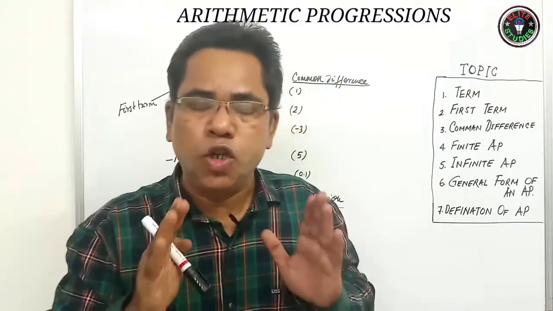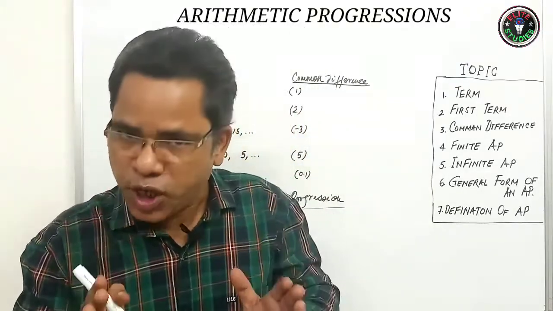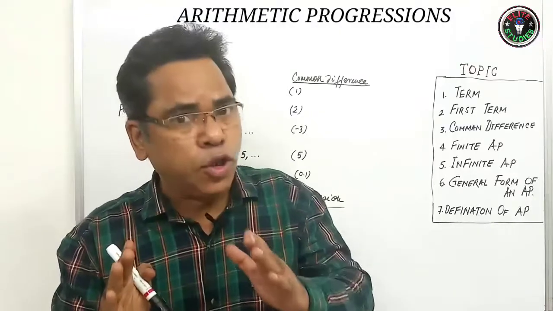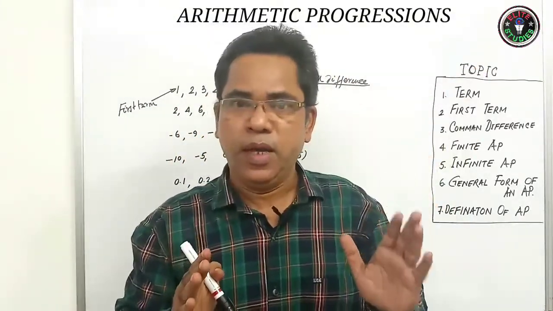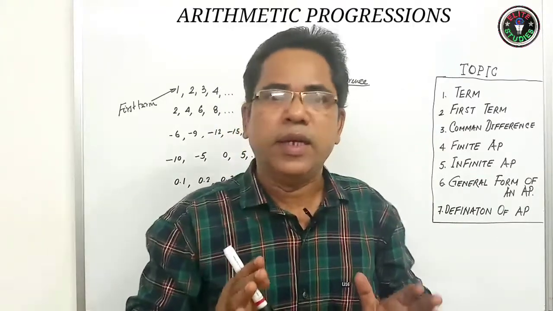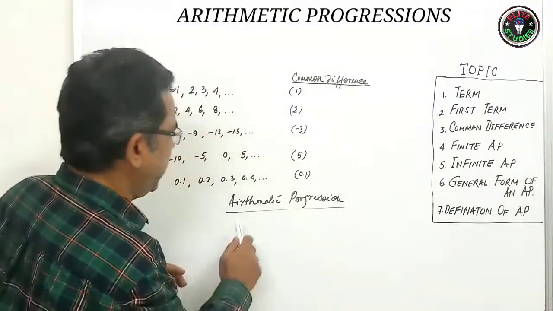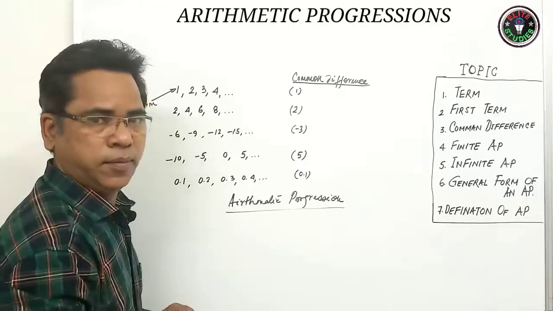As far as geometric and harmonic progressions are concerned, you will study these in higher classes, in class 11 and 12. In our class 10 syllabus, you have only arithmetic progression.